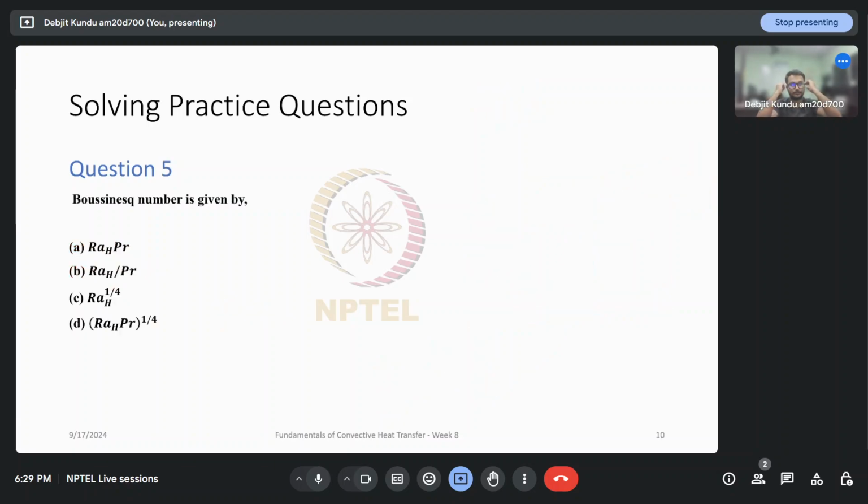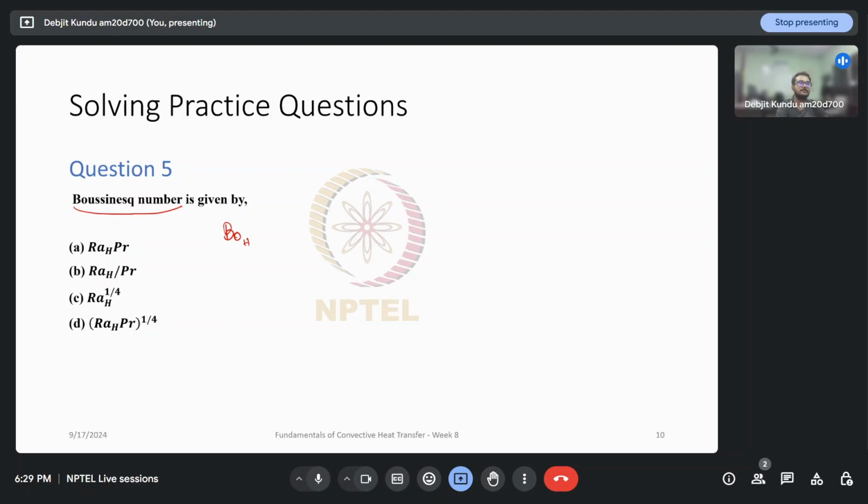We'll move on to question number 5 now, which is asking us about another important non-dimensional number known as the Boussinesq number, or sometimes given by Bo, not to be confused with the Bond number, which is also represented by Bo at times.